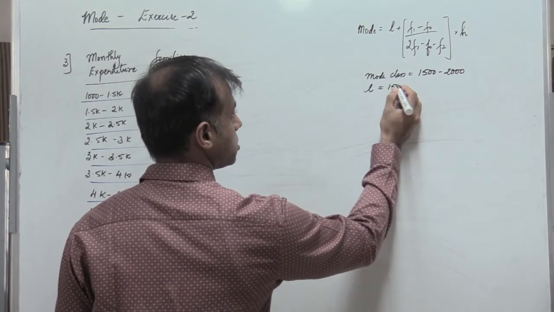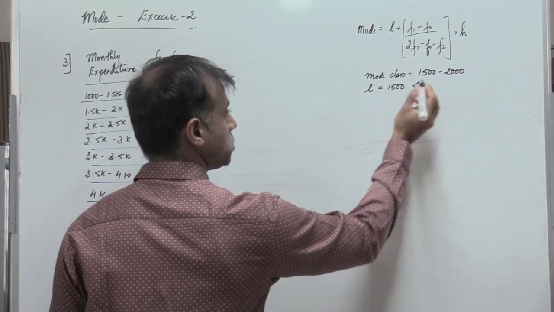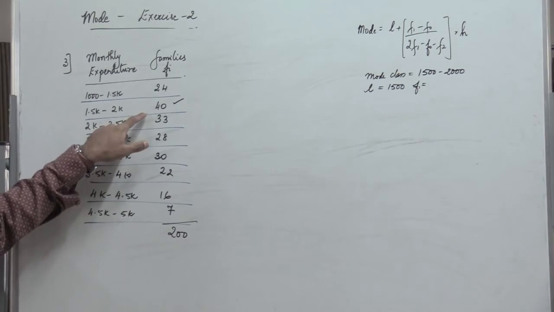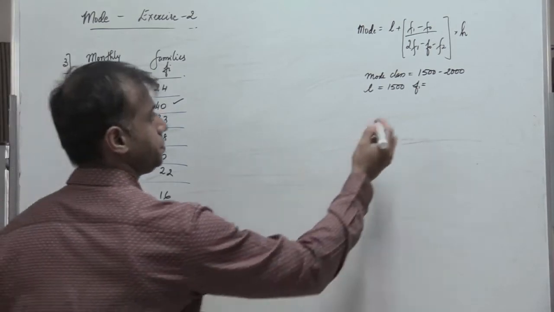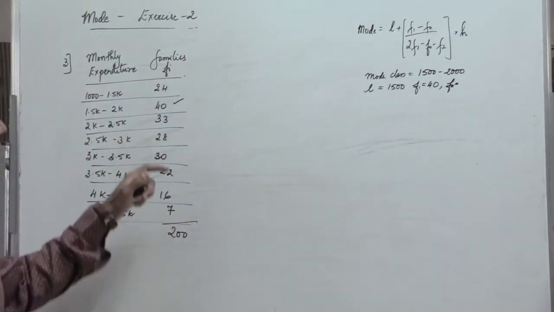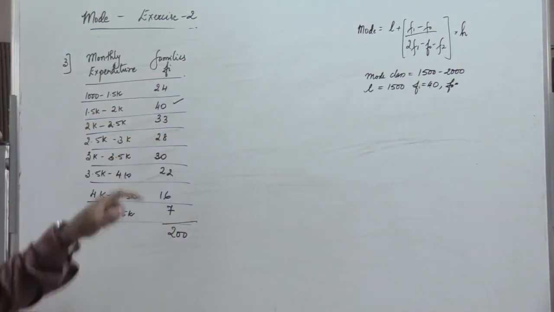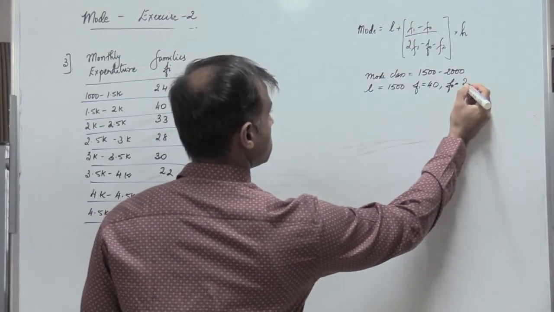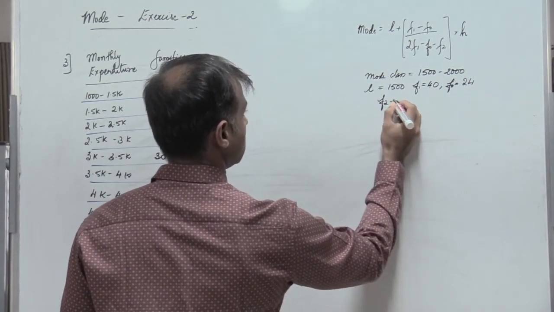So L is 1500. F1 is the frequency of the mode class, which is 40. F0 is the frequency of the preceding class, which is 24, and F2 is 33.